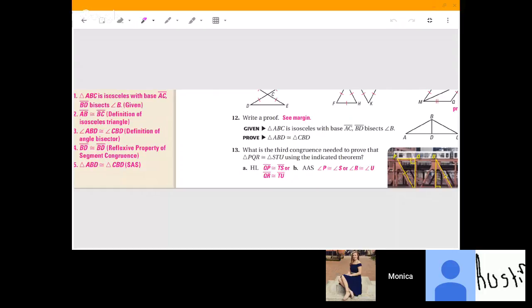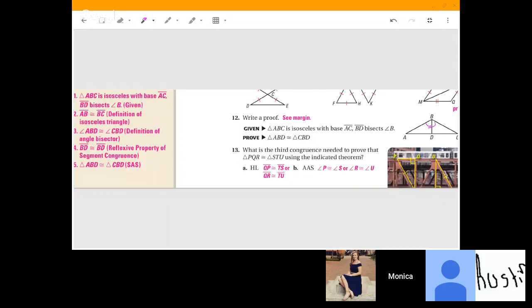Yeah, it cuts angle B in half. So first you're going to state your given, right? Always state your given. And then next we would be able to say that ABD is congruent to CBD, okay? Because of the definition of an angle bisector.